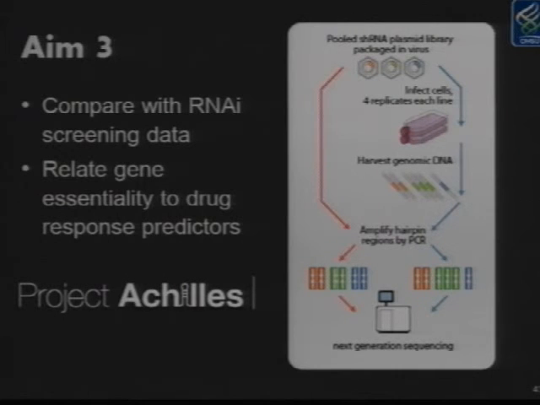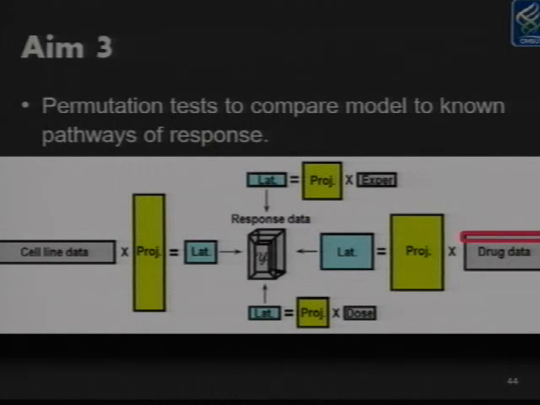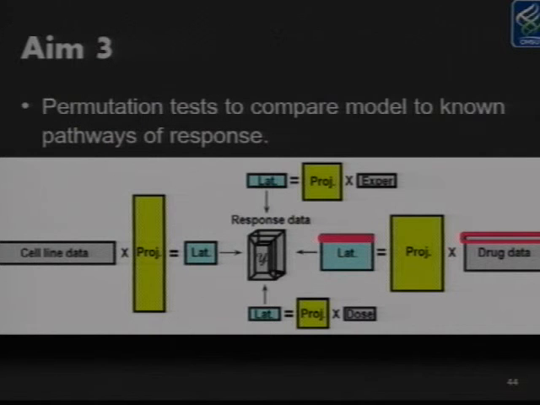So we're looking at something similar in our study, where we can look at literature to see what genes a particular drug targets, and then we can see whether mutations in that gene or expression of that gene in the cell line is correlated with whether that cell line responds to that drug. So for a given drug here, that gets projected through to these latent factors that incorporate some of the information on the structural features of the drug, which is somewhere in this core tensor.